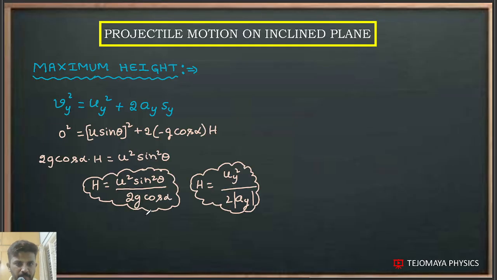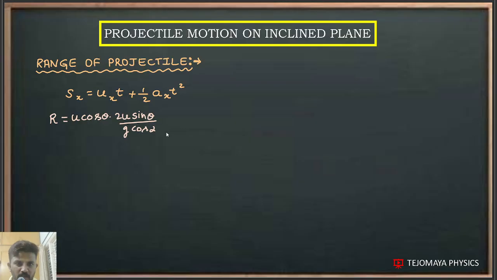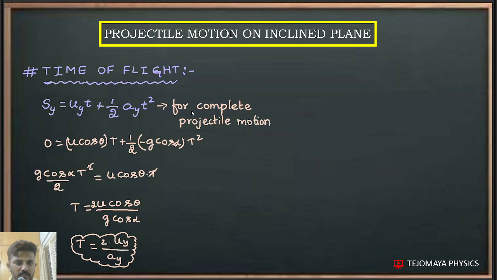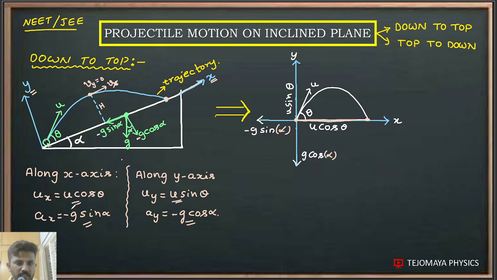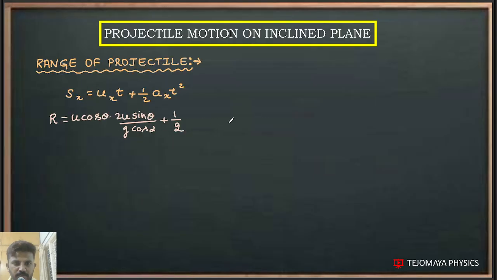Yeah, so then plus half into acceleration along x-axis, which is minus g sin alpha, into t square, that is 2u sin theta divided by g cos alpha whole square.